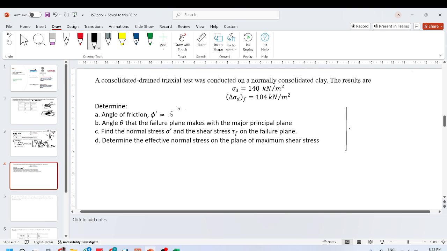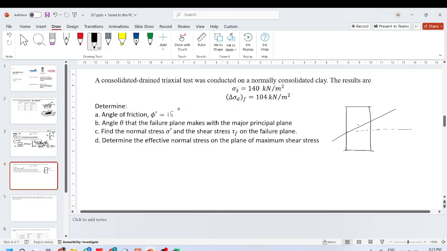Now in your triaxial test, we have something like this.